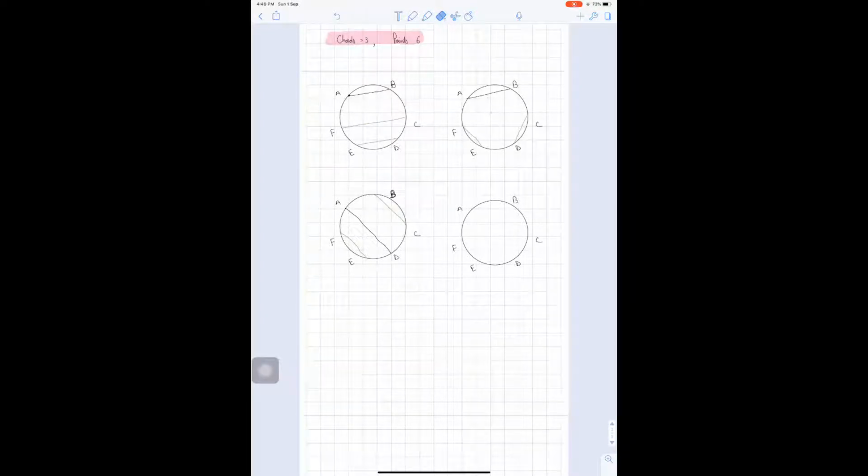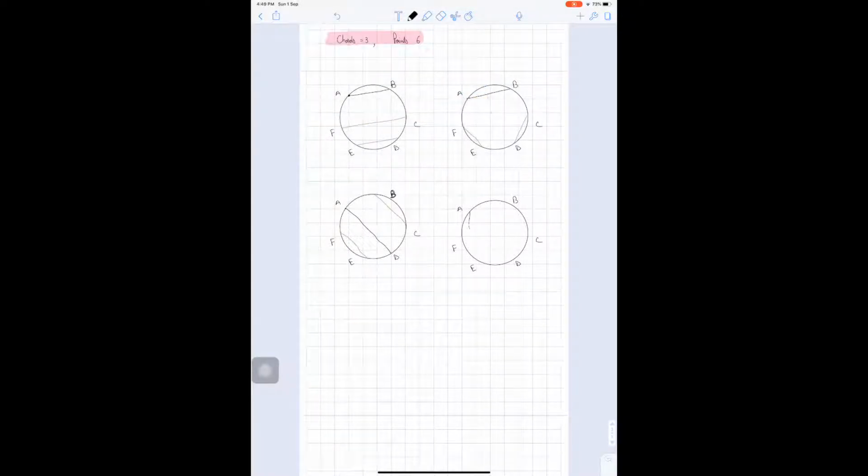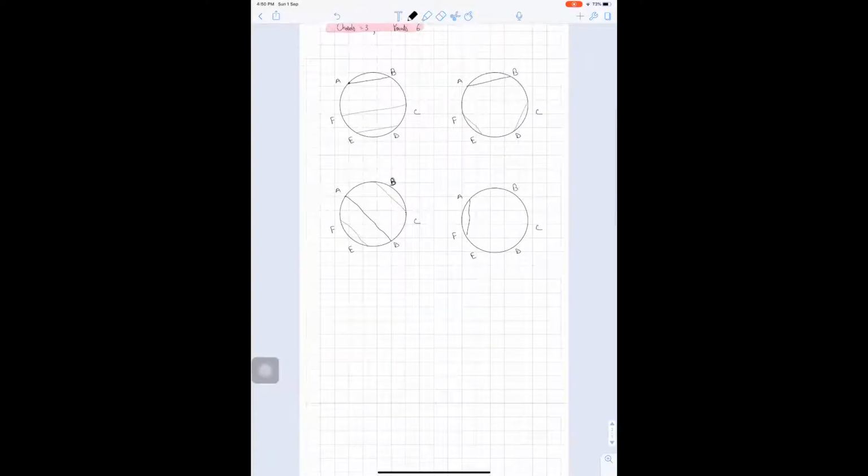What about A and F? Can we join A and F? If we join A and F, on the first partition we have 0, and on the other partition we have 4. So yes, we can join it, and we know that if there are 4 remaining points, then there are 2 possibilities.